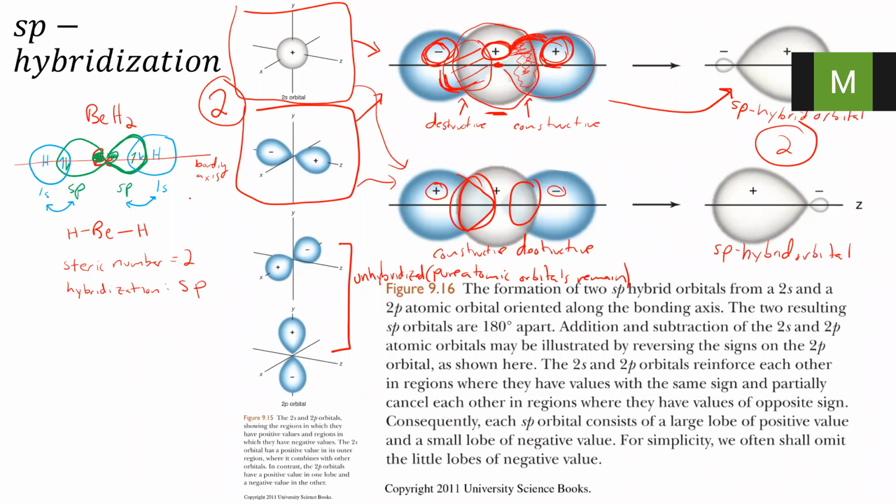So essentially what we're getting is a sigma bond on the left, coming from the hydrogen 1s bonded to the beryllium sp orbital. And on the right, also all that orbital overlap is on that bonding axis. So we're going to have a sigma bond coming from the hydrogen 1s bonded to the beryllium sp orbital.